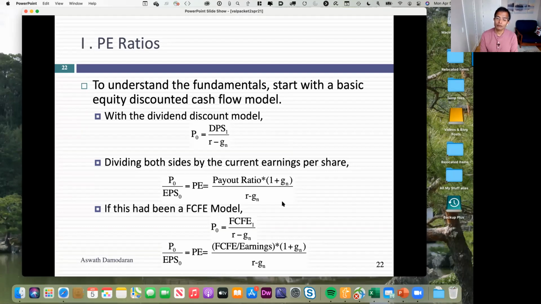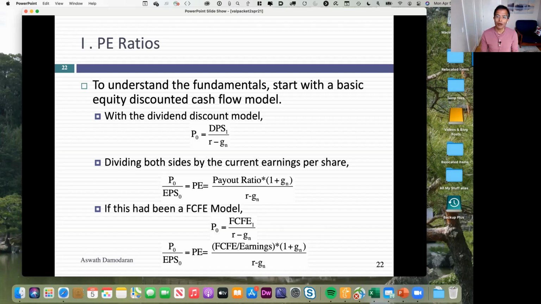You say, what if I don't trust my company to pay out what it can in dividends? Very simple, replace dividends with free cash flow to equity, which is potential dividend. You have the drivers of the PE ratio for a mature company: payout ratio, cost of equity, and growth rate. Those are the three that I said you need to control for. It's not magic. It comes right out of this. You say, what if I have a high growth firm?